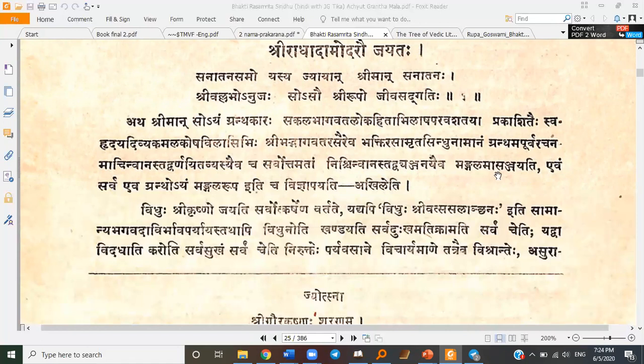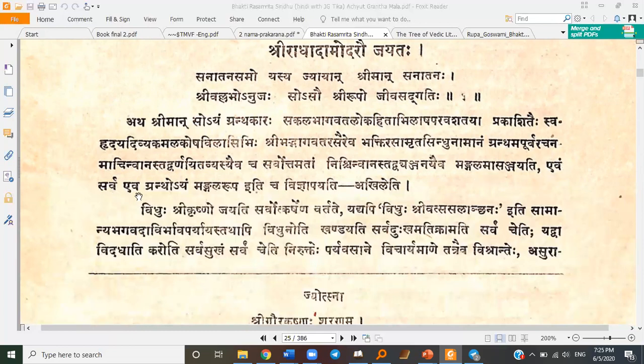He is invoking this auspiciousness, Mangalam, by this particular verse. Plus he's also indicating the subject, the Vishaya of the whole book by this particular verse.